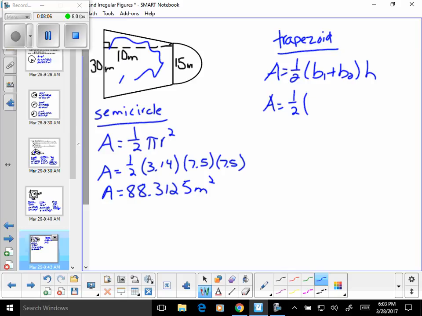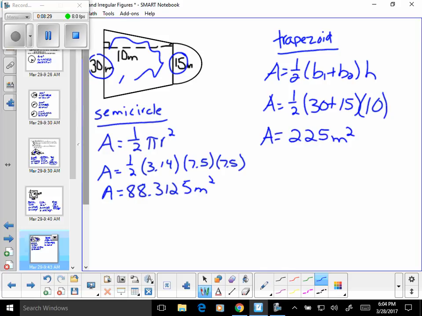So my B sub 1 is going to be 30 and B sub 2 is going to be 15. Because my bases are here and here, generally we go left is B sub 1, right is B sub 2. The height is going to be 10. When I put that into a calculator, I will end up with an area of 225 meters squared. Again, hit pause, do it yourself so that you know what's coming.